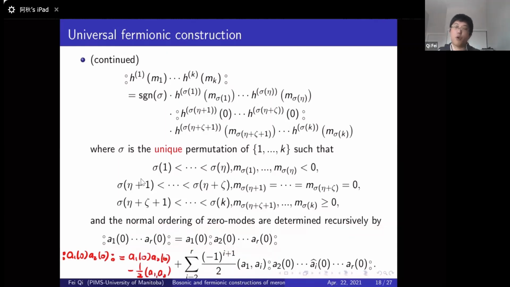So that's the example when R equals 2. Okay, so this normal ordering is the familiar fermionic normal ordering in physics. So we are still keeping a lot of interesting features in this construction.